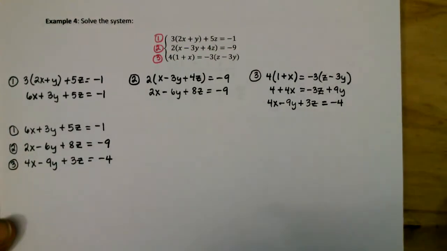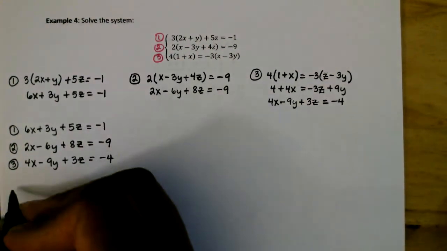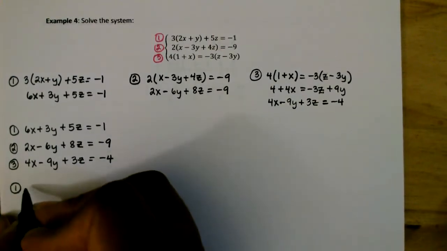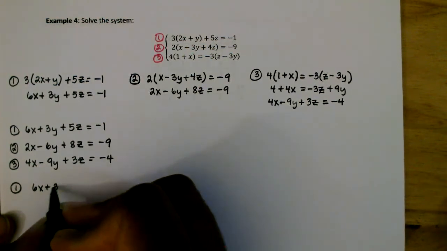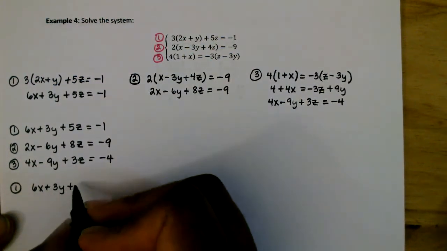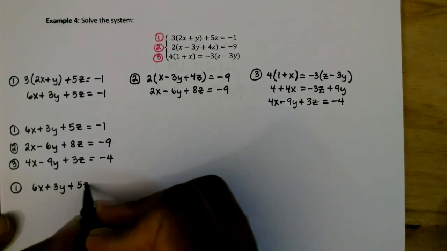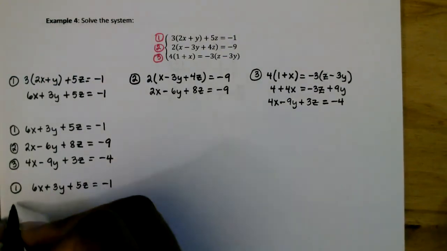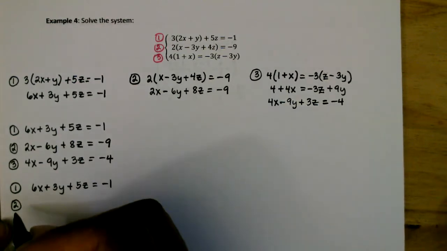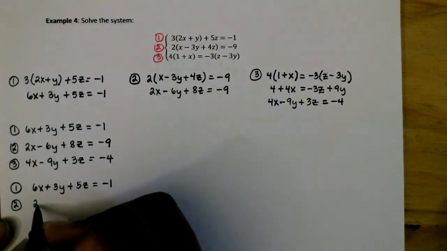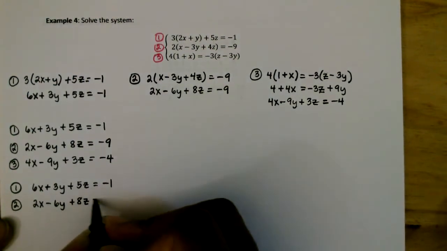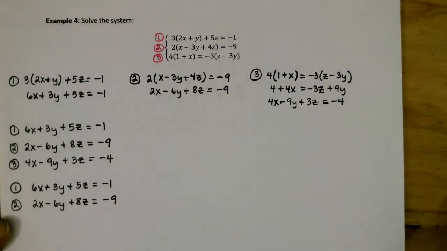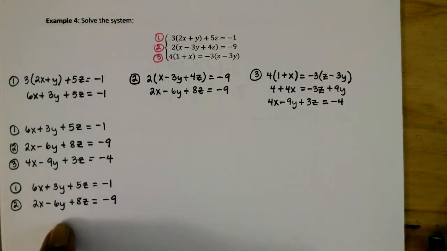So equation 1 is this: 6x plus 3y plus 5z equal negative 1. Equation 2 was 2x minus 6y plus 8z equal negative 9. And I'm going to try to eliminate the y because I know I got a plus and a minus sign here.